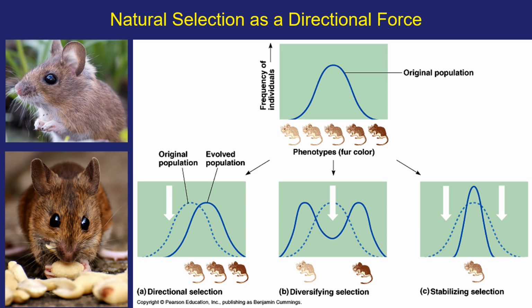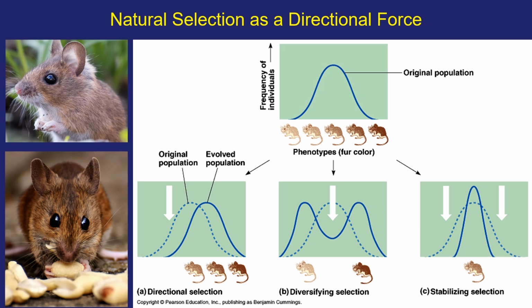So here we have selection for the light color in one of these microenvironments and the dark color in another. Maybe they're leaving the original area and venturing out into new environments, for instance. And we have selection against the middle.